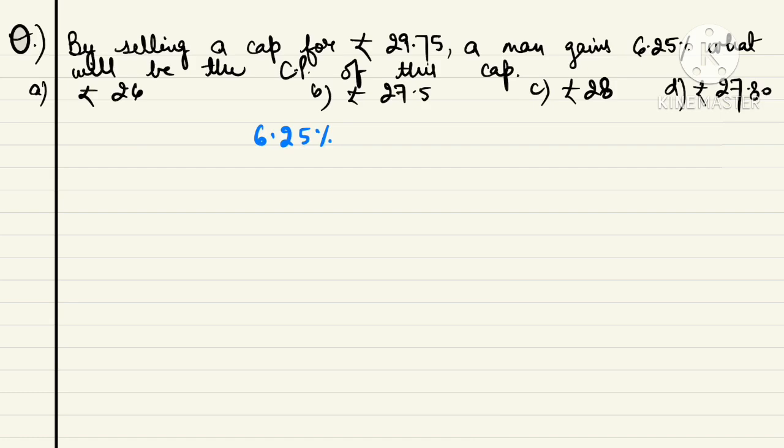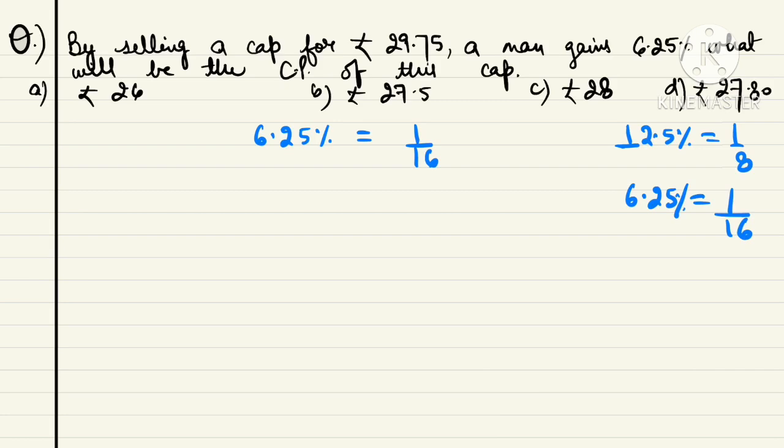What is 6.25%? As we know, 6.25% is 1 by 16, because 12.5% is 1 by 8, right? So we can derive it. 1 by 16 is 6.25. Fine.